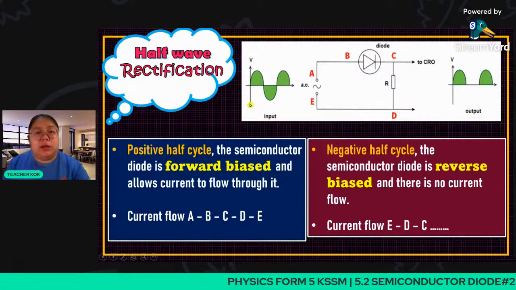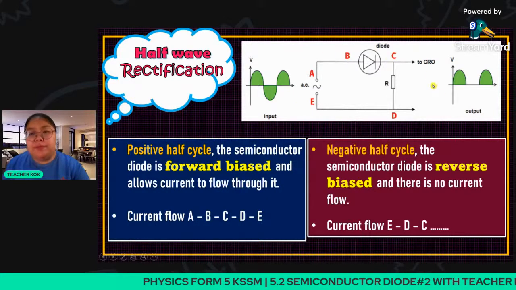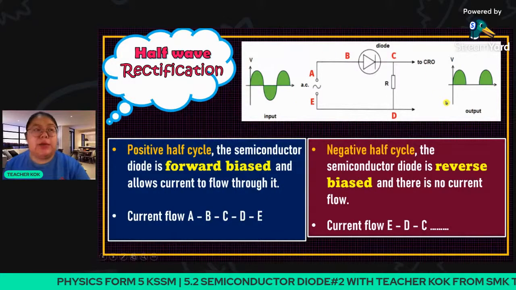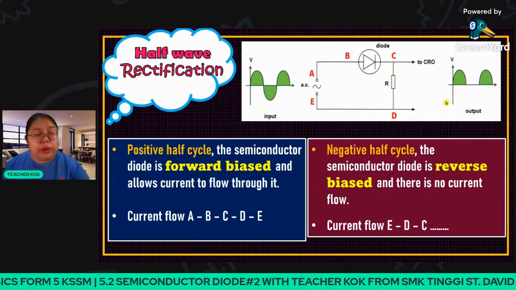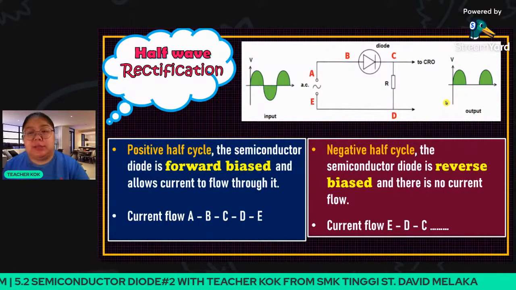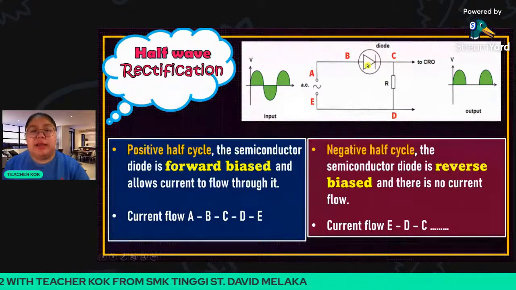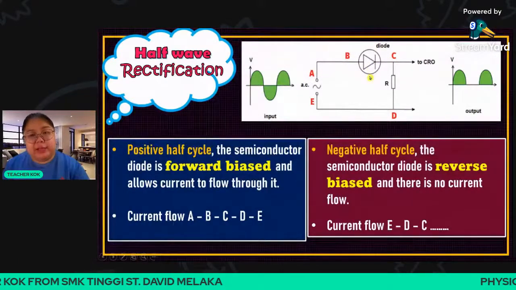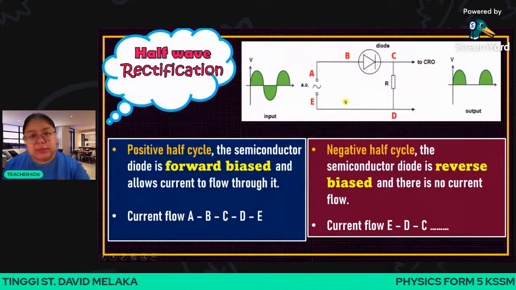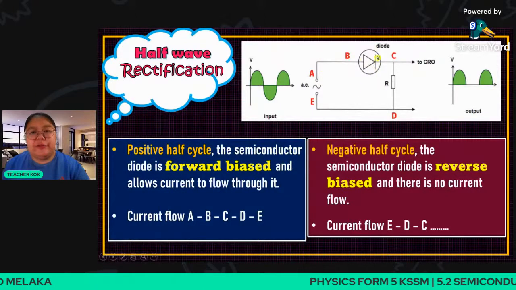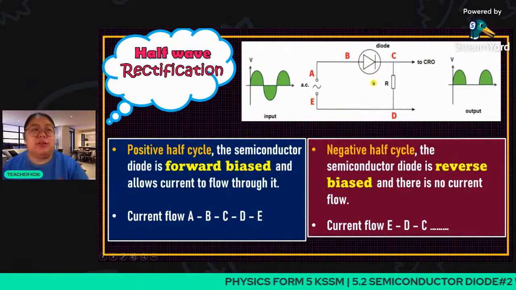From the AC, it is converted to DC, but this is half wave rectification. So what is the function of the diode? The diode converts AC to DC. You can also say the current can flow in one direction only.